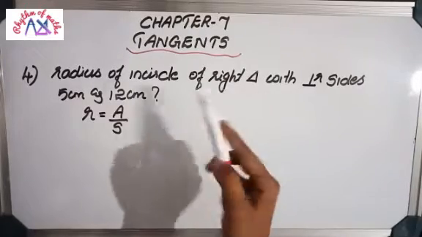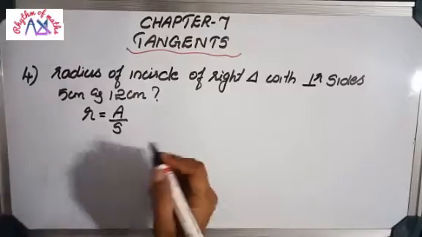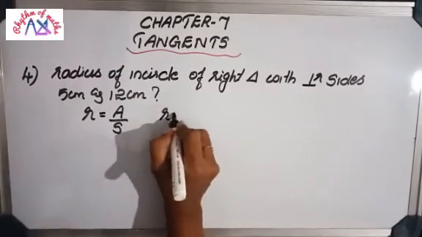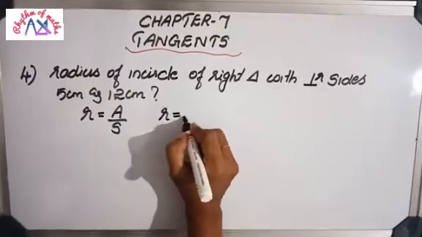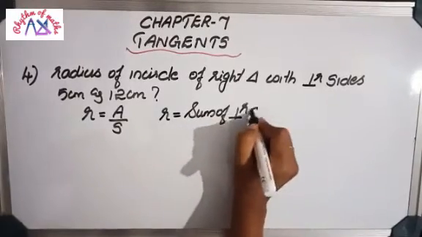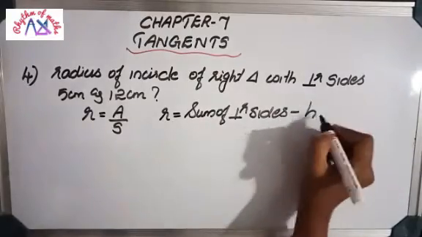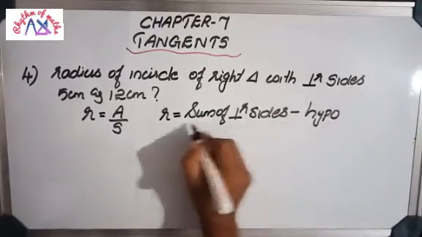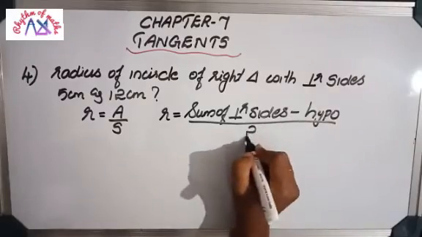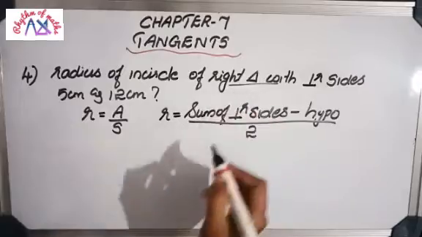Right triangle means one more equation is there, only for right triangles. The equation is r equal to the sum of perpendicular sides minus h, the hypotenuse, whole divided by 2. This is the equation to find the inradius of a right triangle, only for right triangles.